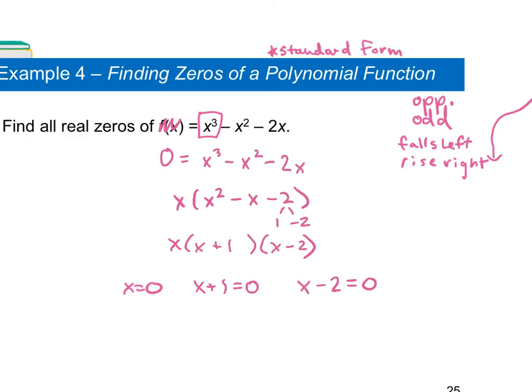And then we just have to solve for x. So we subtract 1 on both sides here. We get x is equal to negative 1. Add 2 to both sides. x is equal to 2. So these are our three real zeros here. So these are the 3 points that our graph is going to cross the x-axis.